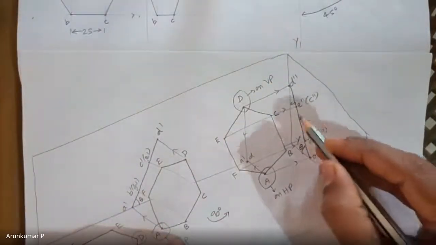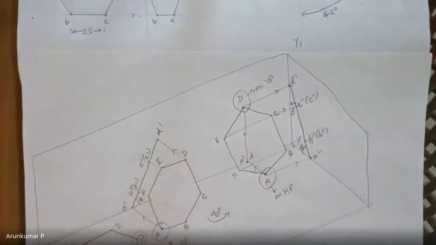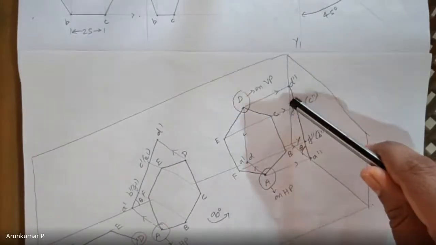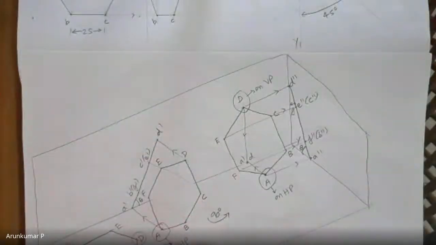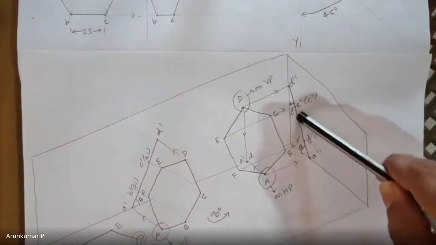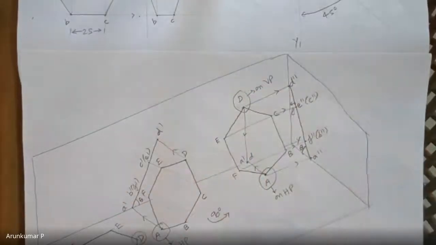If this is theta, then this inclination is phi, inclination to VP. So if this is 60 degrees, then this inclination is 30 degrees. So theta is the inclination of the lamina with HP, whereas phi is the inclination of the lamina with VP. That is what is asked in this particular problem.